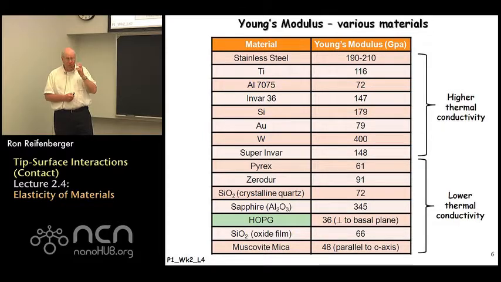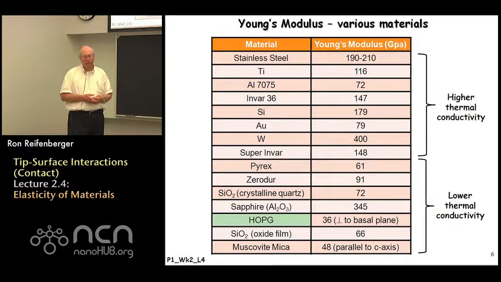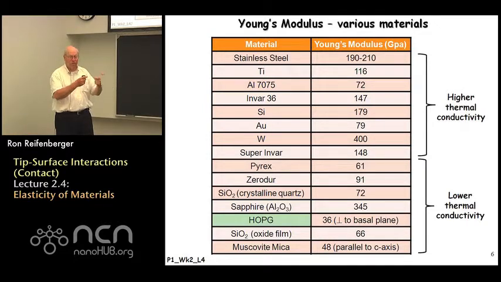Another table that I find useful is the Young's modulus for various materials. These tend to be engineering materials or materials that are appropriate for AFM purposes. This is from a chart that I had hanging up in my lab for many years, because as we worked through the design and construction of various AFMs, we often needed to know the modulus of some of these parameters that you typically use in AFM experiments.